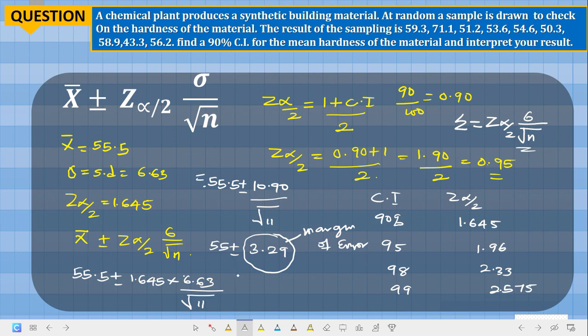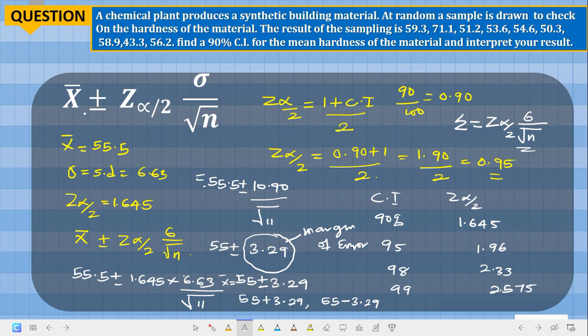That is to say that our mean value will fall between 55 plus or minus 3.29. So the upper value will be 55 plus 3.29, and the lower value will be 55 minus 3.29.